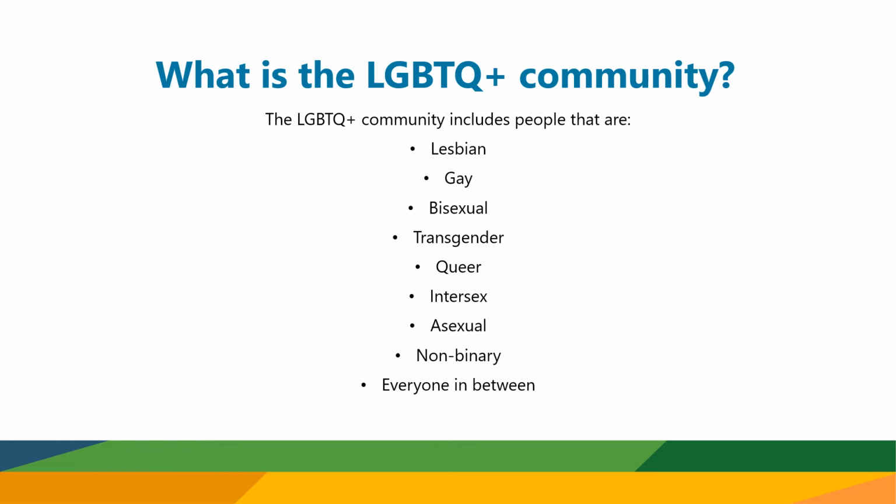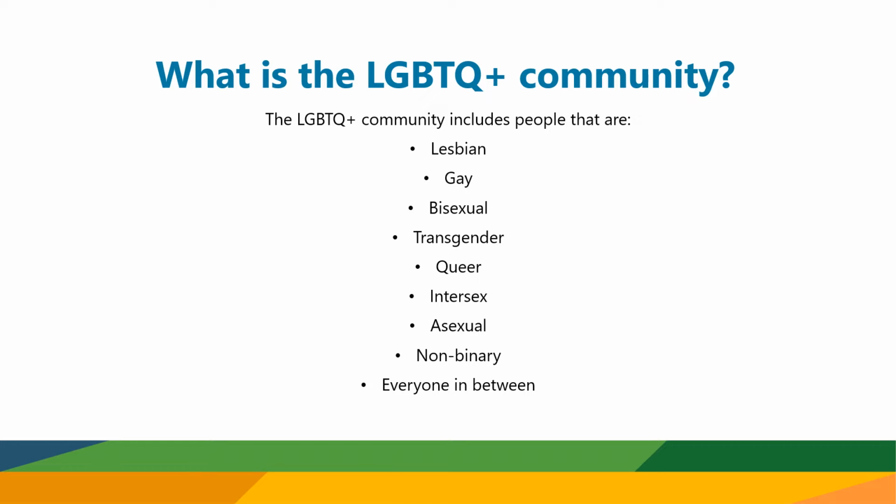First, I think it's important to talk about who is included in the LGBTQ plus community. All of the people listed are included in this: lesbian, gay, bisexual, transgender, queer, intersex, asexual, non-binary, and everyone in between. Basically, it's inclusive of everybody who is not cisgender.